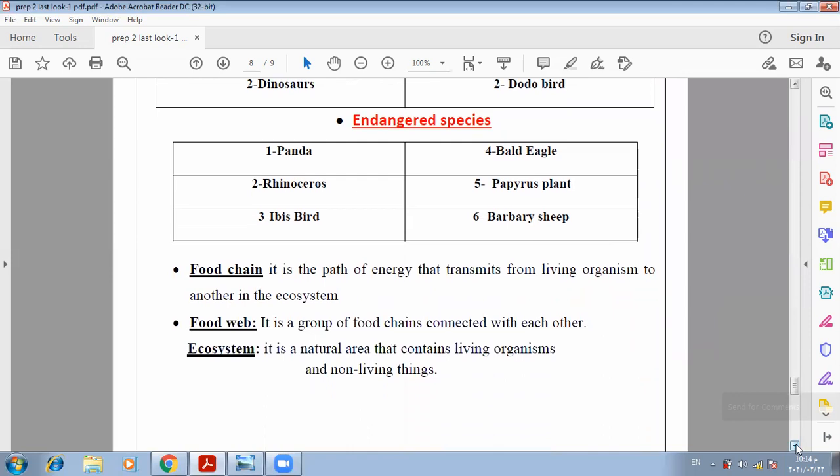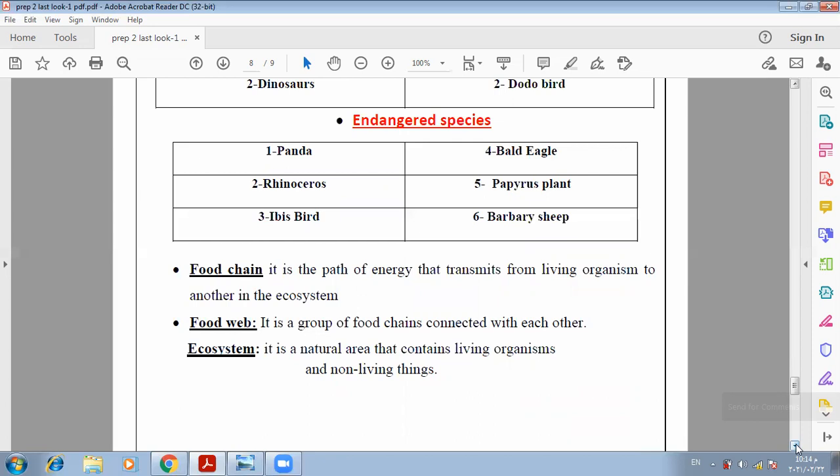Food chain. It is a path of energy that transmits from one living organism to another in the ecosystem. Remember with me there was a producer, a consumer feeds on it, another consumer feeds on it, and so on.